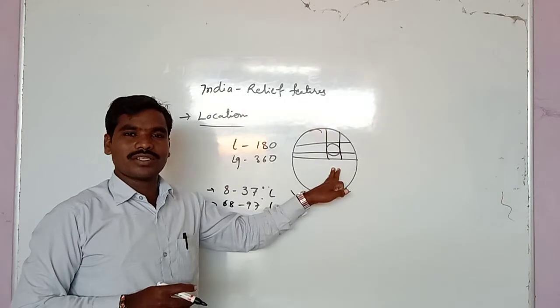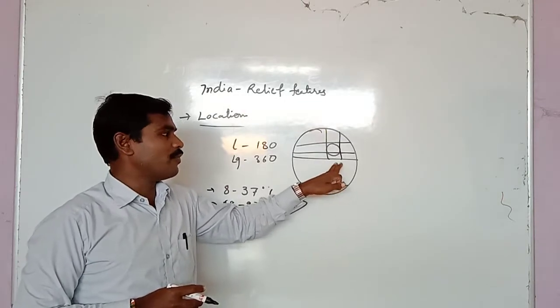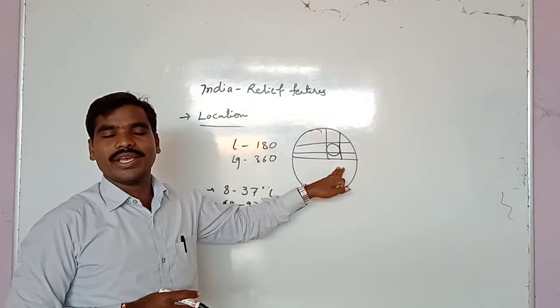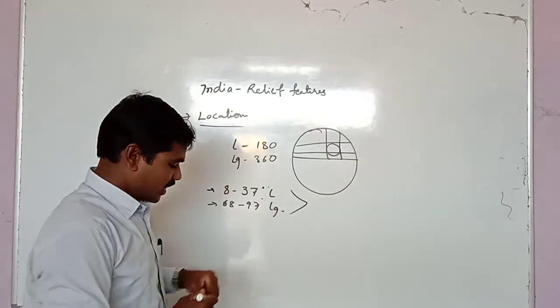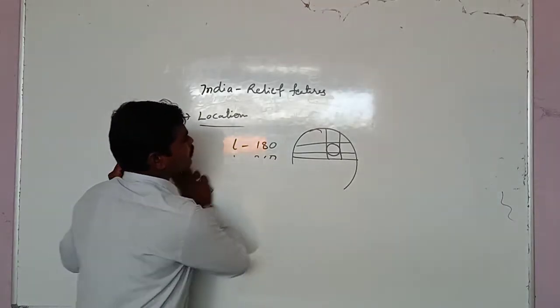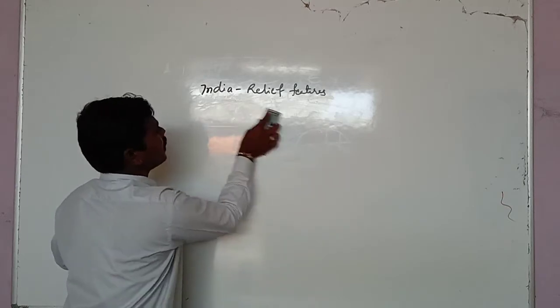In between these, our India is located. So this is the exact location of our India. So next, how many types of relief features are there in our India?